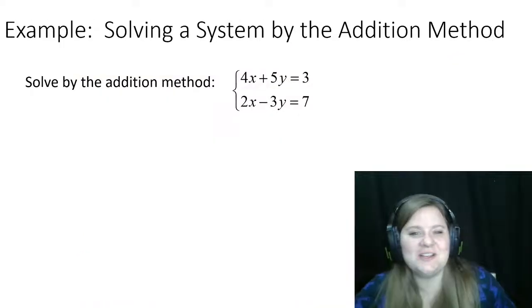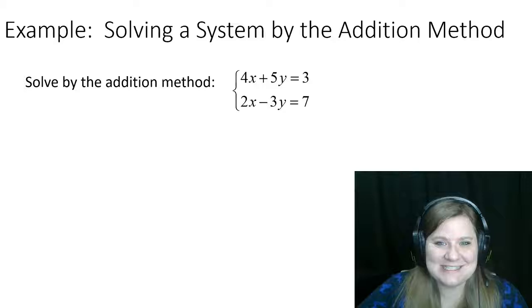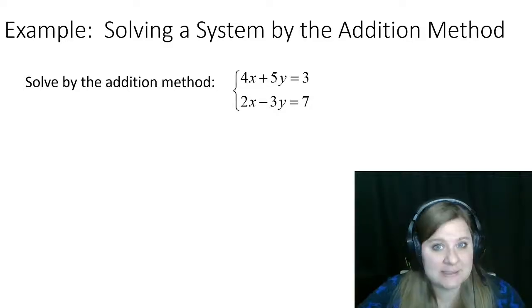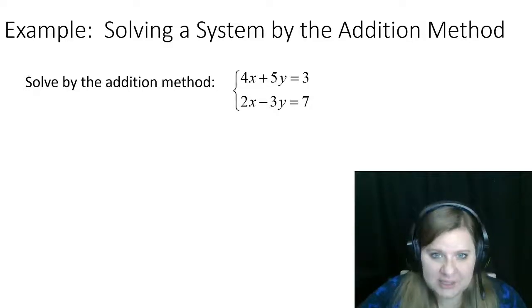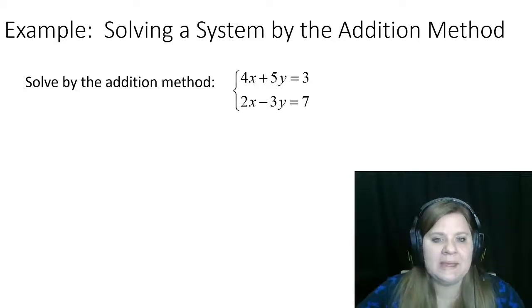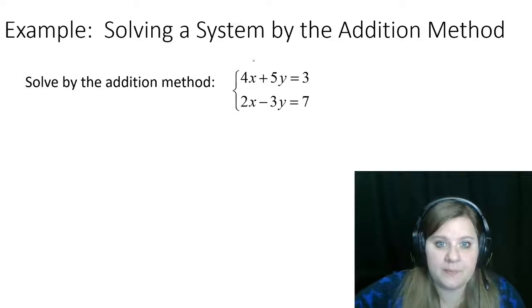Okay, so looking at this, I want to make the coefficients of one of my variables the same, but opposite signs. So I try to decide what's going to be easiest. What is the smallest number that both 4 and 2 go into?